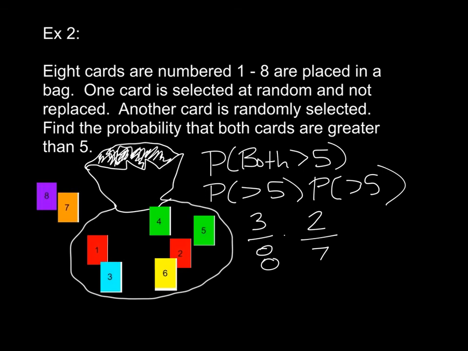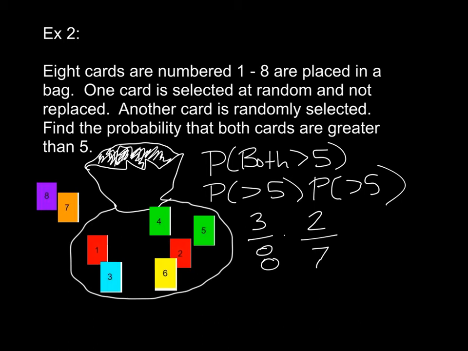You can see that the difference here is that we're still computing our probability the same way, we just changed our possibilities because we didn't replace it. And that's the only thing that makes it a dependent event. It doesn't change how we compute it. We still have our two probabilities, 3 out of 8.